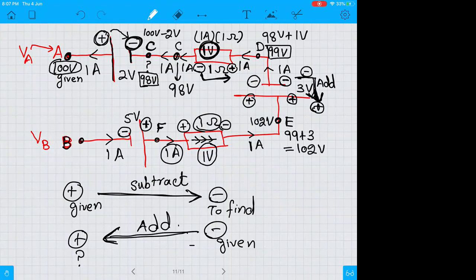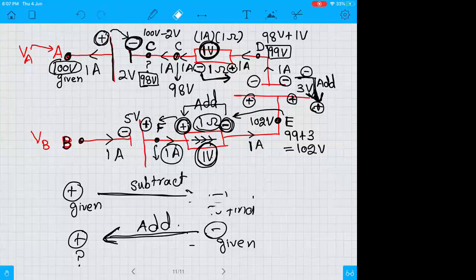Now you see, this resistor is consuming 1 volt. You are moving from the negative side towards the positive side. When you move from E to F, E is on the negative side and F is on the positive side. So you're moving from negative towards positive. So this 1 volt will be added. So at point E, you have 102 volt.